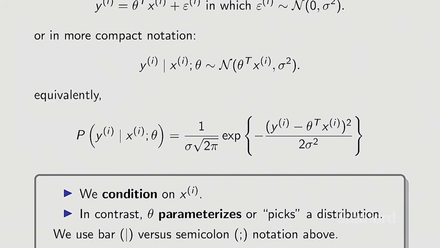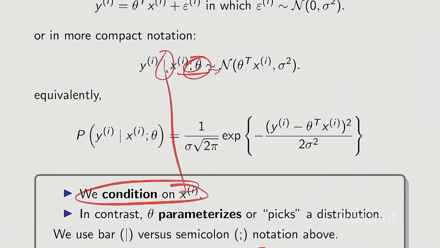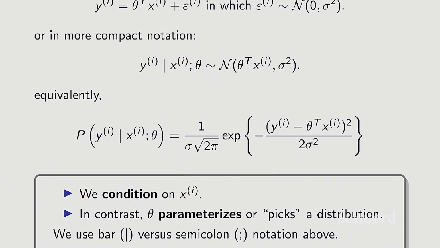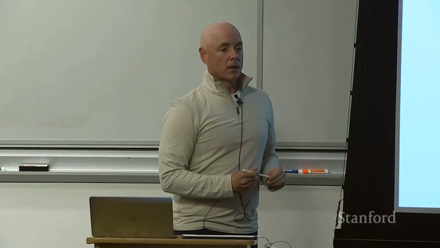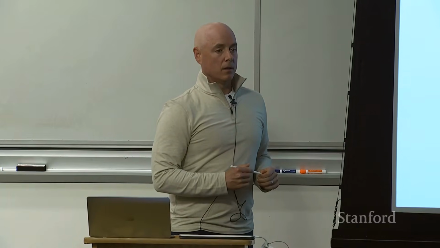Yeah, and you'll see me use the bar versus semicolon notation. Here, the semicolon indicates that there are parameters on this side, and the bar here is indicating this conditioning. Please. If you had a theta and a gamma, like multiple parameters, would that just be a theta comma? Exactly right.